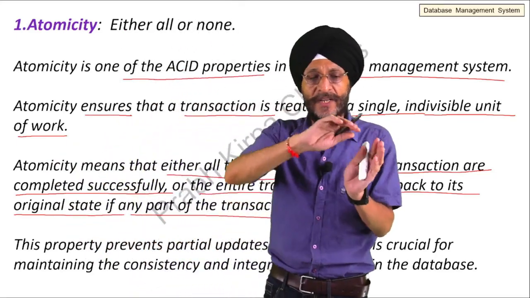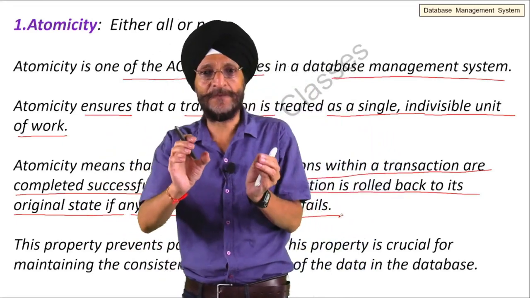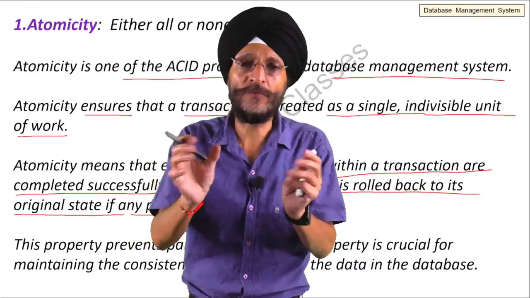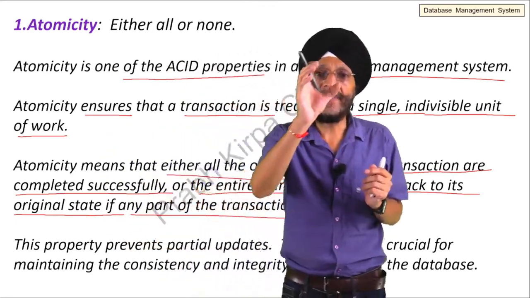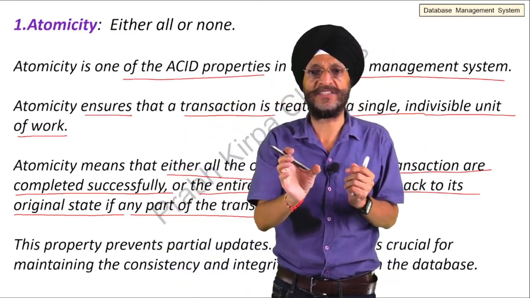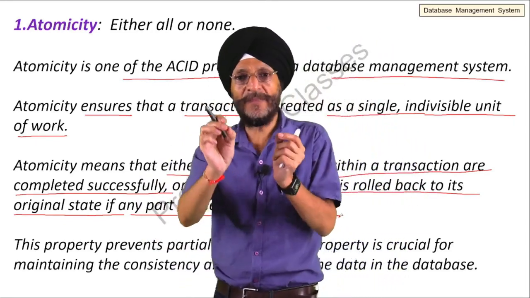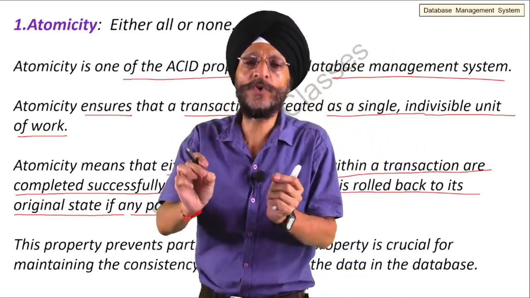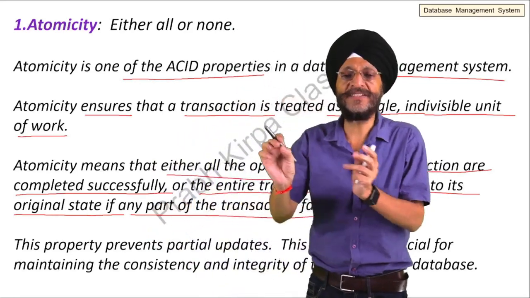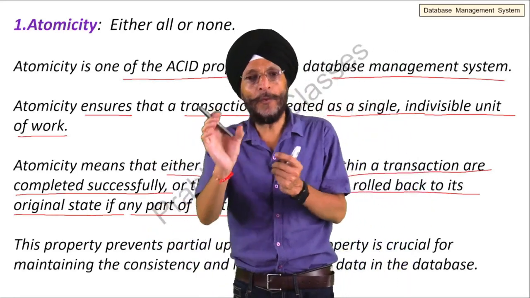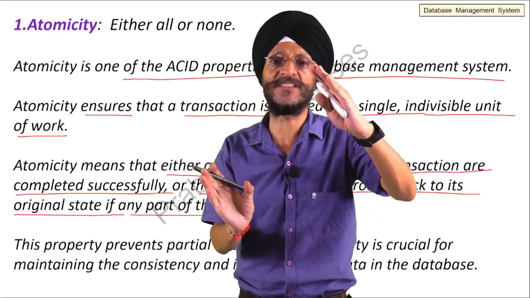Then after that, you may be asked how much amount you want to withdraw. That is, there are many operations within the single transaction. Either you want to withdraw money from the ATM machine or you want to check your balance in your account. So these are all the operations which are involved in a single transaction.